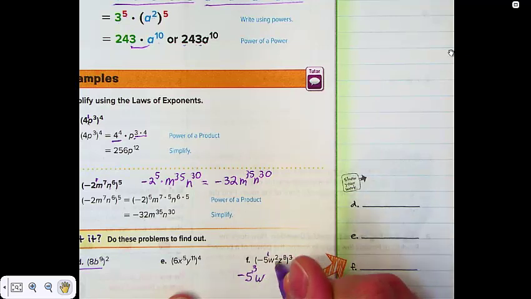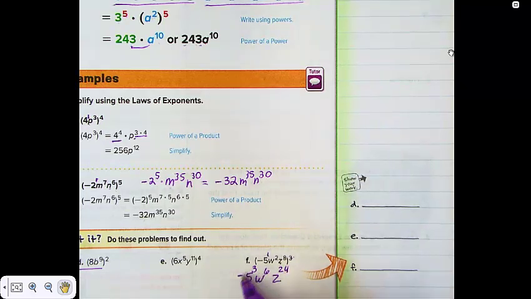W squared, so 2 times 3 is 6. Z to the 8, 8 times 3 is 24, right there. Now we always multiply this part out here. So 5 times 5 times 5 gives me 125. W to the 6th, Z to the 24th, and don't forget your negative out front.